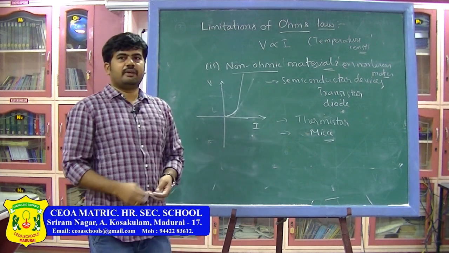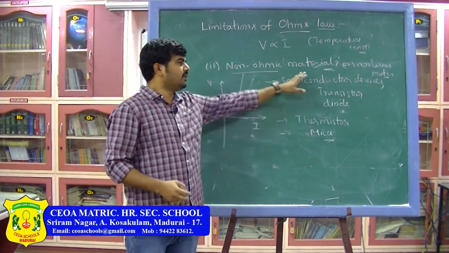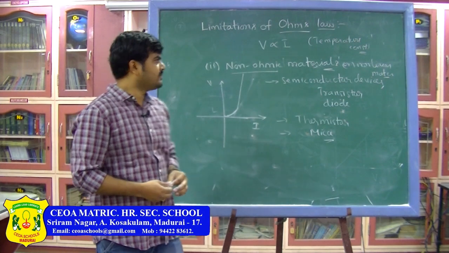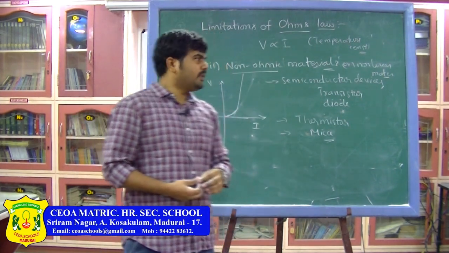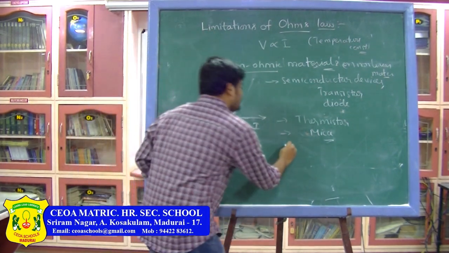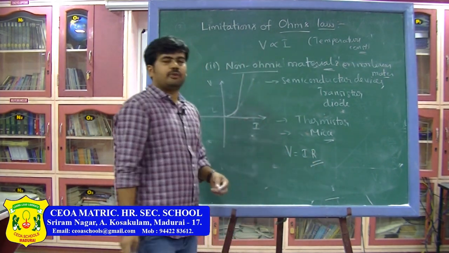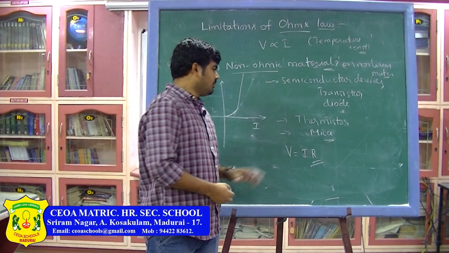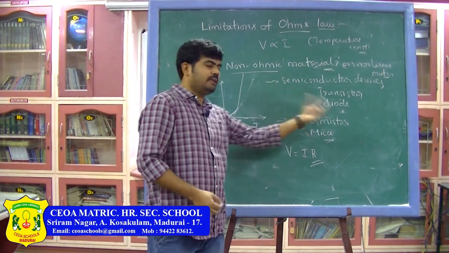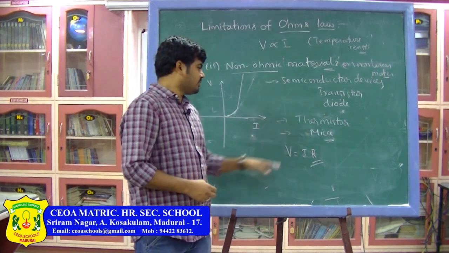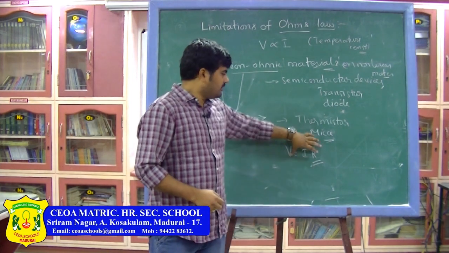So all these devices or materials will not obey Ohm's law. That is why they are known as non-ohmic materials. Remember, the relation V is equal to IR can be used for all the materials. So in the coming chapters also we are going to use this relation, but this is not Ohm's law.